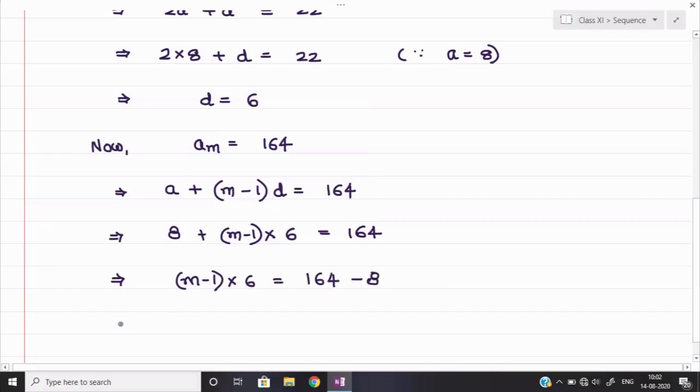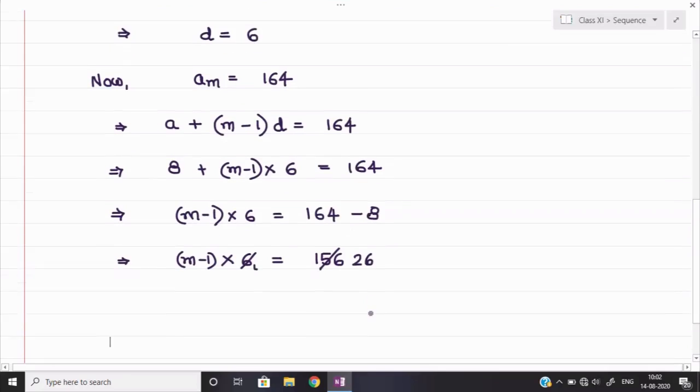So 164 minus 8, how much will it be? I think 156. So m minus 1 into 6 will be equal to 156. Now from 6 we shall try to cancel 156. So 6 ones are 6, 6 2s are 12 and 6 6s are 36.